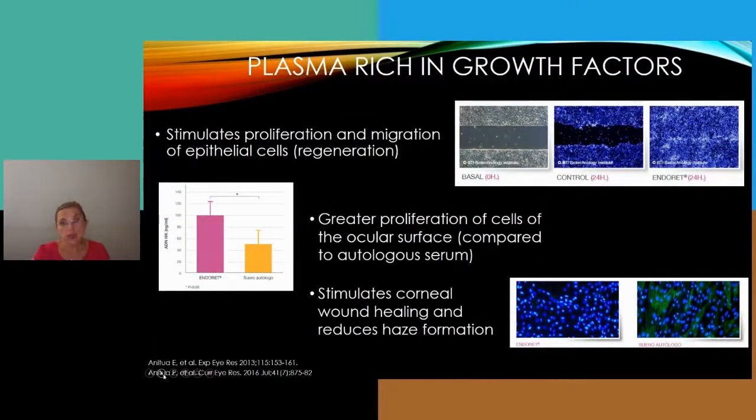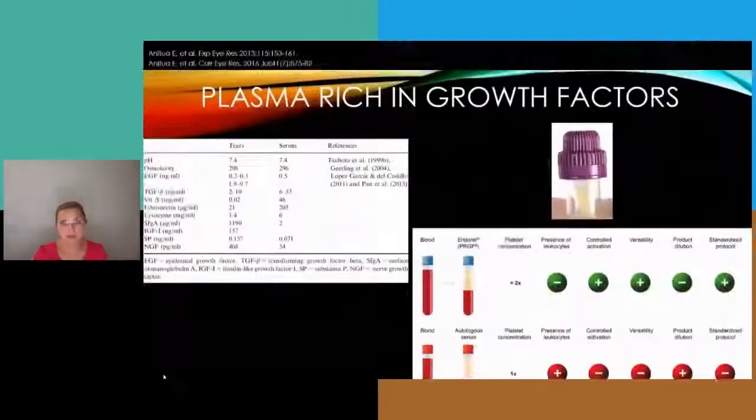So today we are more talking about plasma rich in growth factors. This rich plasma is not very difficult to prepare, but actually it has a proven effect on epithelial cell regeneration, their proliferation and migration also on the ocular surface, and also it provides better healing, and this is proven by ex vivo confocal microscopy.